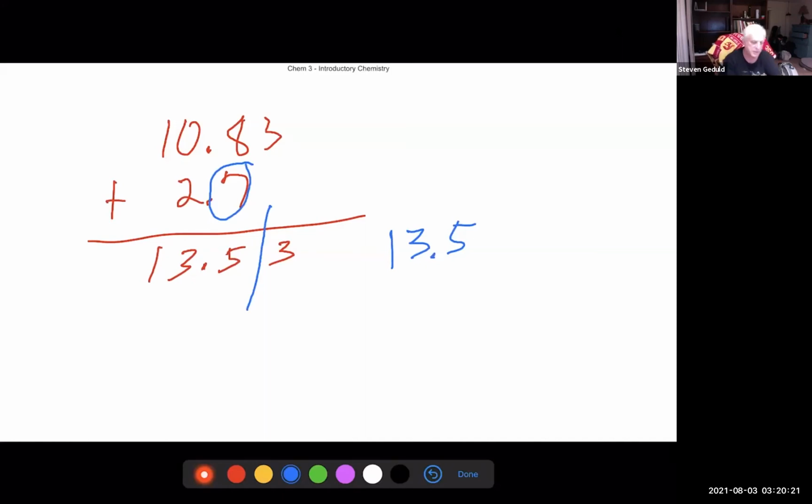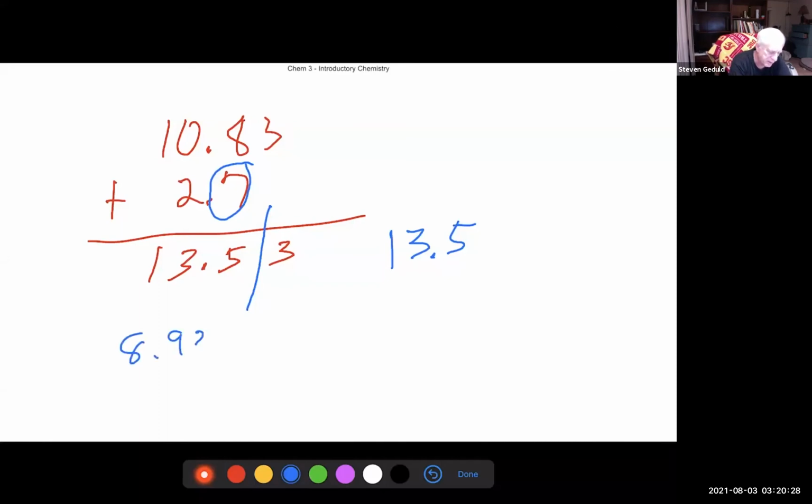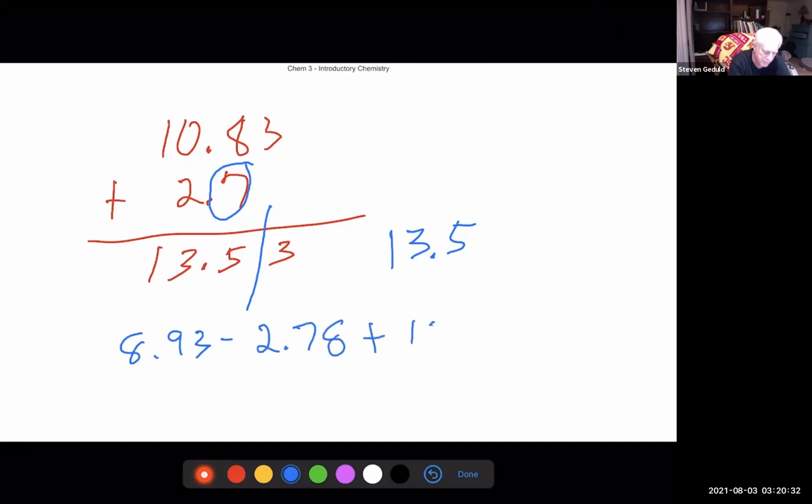Okay, if we're going to subtract, say we had 8.93 minus 2.78 plus 10.5 minus 8.7. Just put that in your calculator, make it easy.